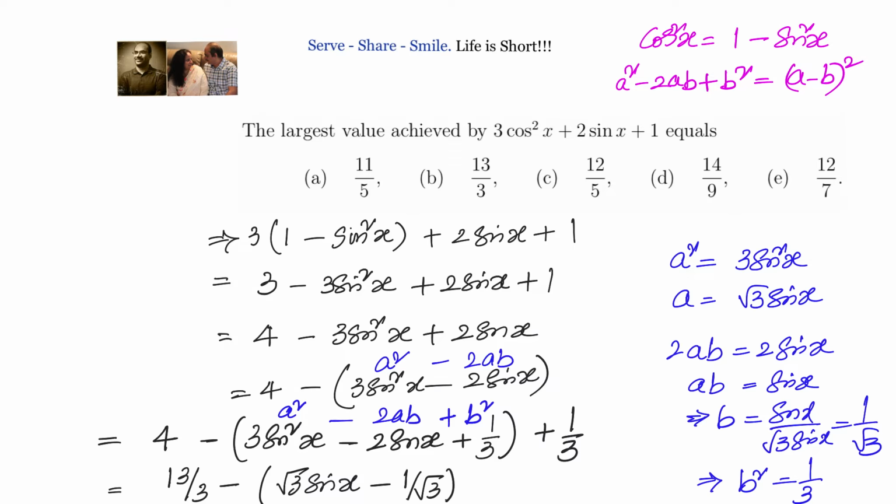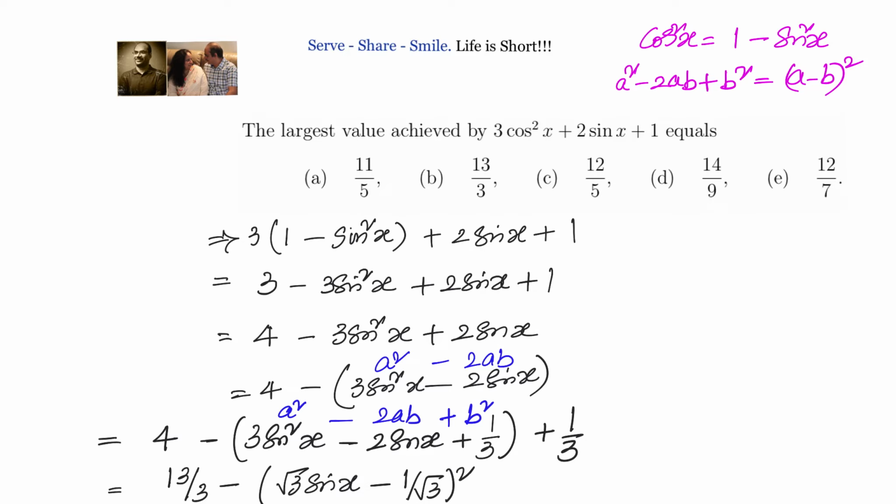Now we know that a square value can take minimum 0, maximum any value, but the minimum is always 0 because it can never be negative. Root 3 sin x minus 1 by root 3 will have square values which are greater than or equals to 0. Now to achieve maximum value for this function, root 3 sin x minus 1 by root 3 whole square should be equals to 0.